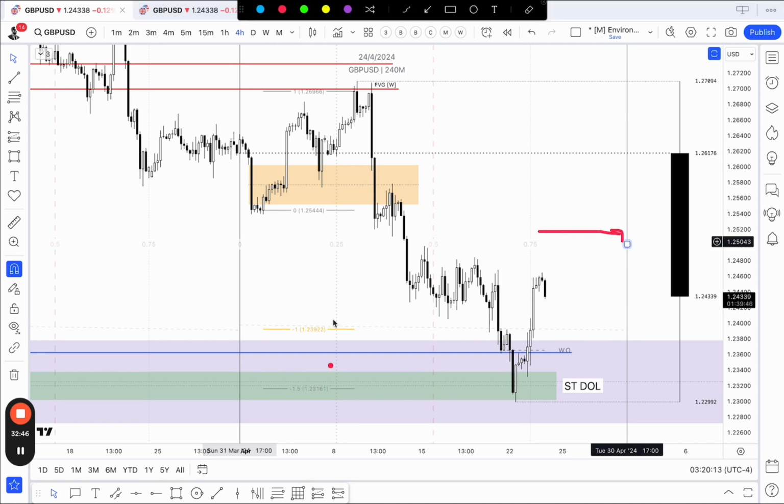Okay? So based on the information we've outlined today, what you should be able to do is anticipate, for instance, this is the last week of April. We've had a potential low here. If we look at the economic calendar, next month on the 1st here, there is NFP and there is FOMC.